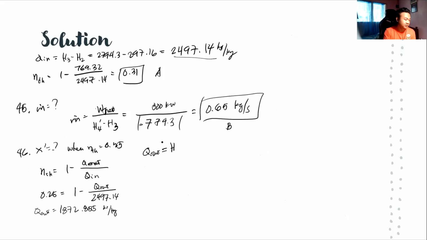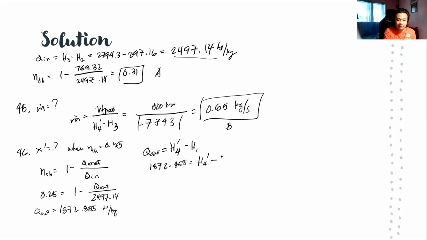So H4, and remember this is all isentropic because we are assuming that the turbine is operating isentropically. So H1. We don't have H4 yet. So we have 1872. Substitute what we know. We have H4, we don't know that yet, that's what we are getting here.